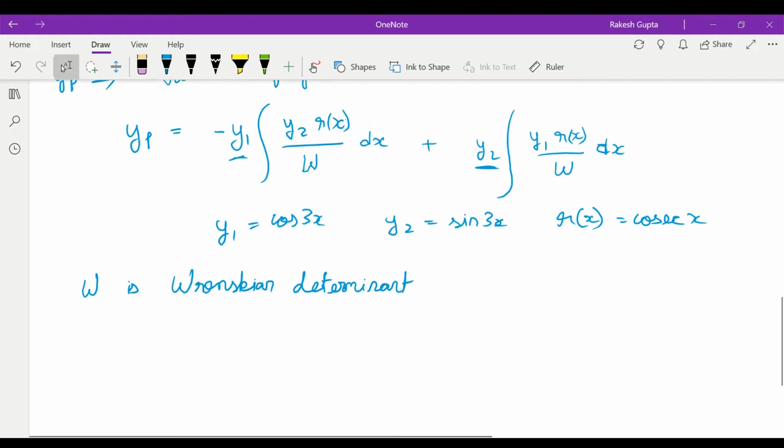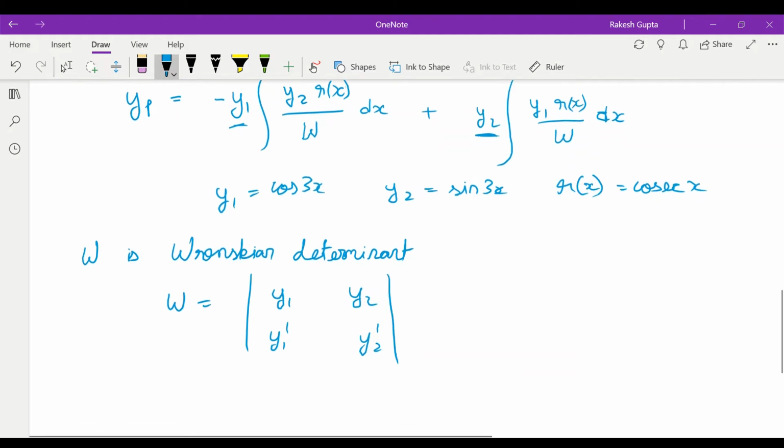This determinant is given by, so we already have y1 and y2. y1 dash, when we differentiate with respect to x, we get minus 3 sin 3x, and when we differentiate y2 with respect to x, we get 3 cos 3x.